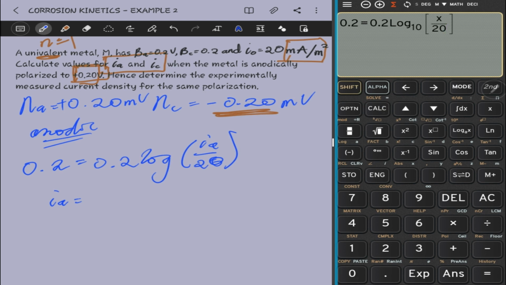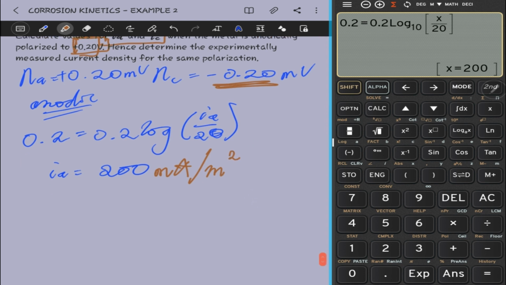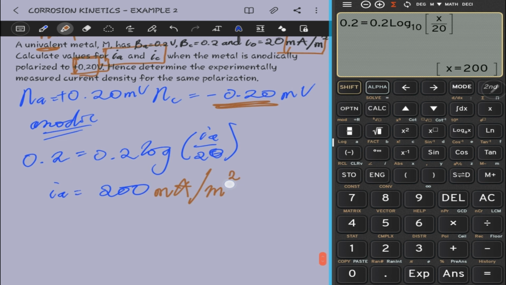So that gives us the anodic current density of 200, but remember in milliamperes per meter squared, just as the exchange current density. So we are done for the anodic half.